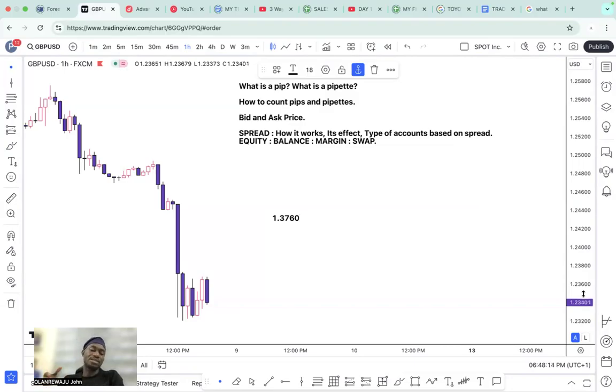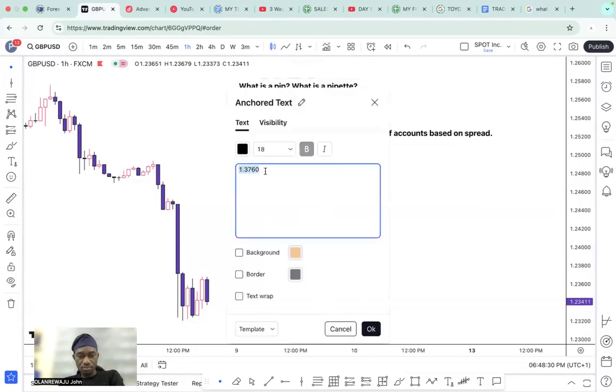So that will be 1.3760 plus that 15 at the last part, which is 0.0015. You get it? And then what will be the answer? 1.3775.